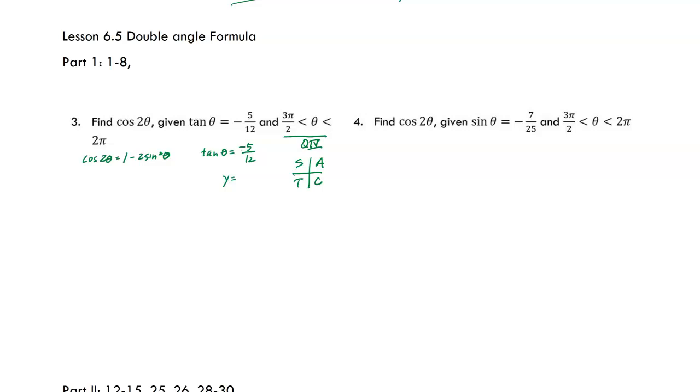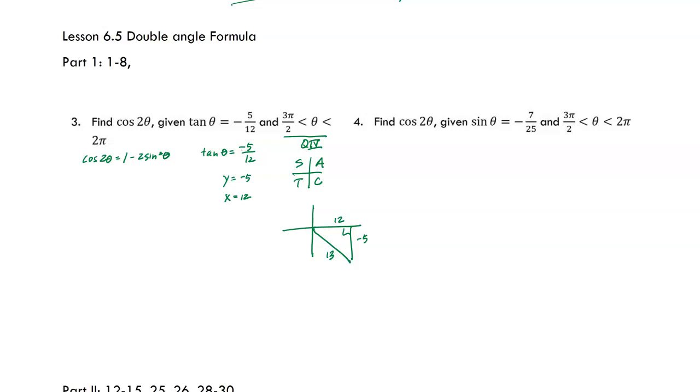And so my y value is negative 5. My x value is 12, in quadrant 4, like this, and so my negative 5, positive 12, and that's a 13 right here. The radius is going to be 13.